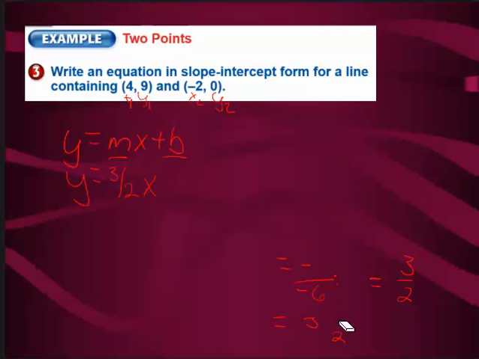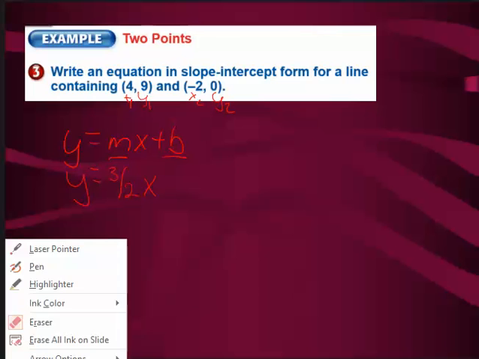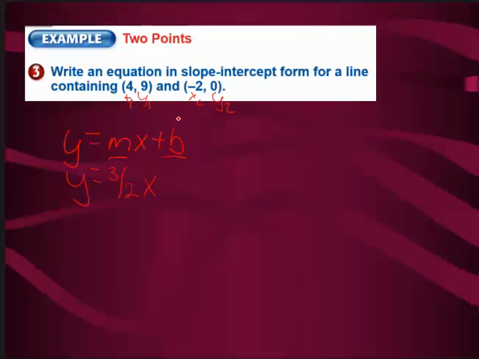I can use my equation and plug in either one of those points that I know are on the line to my equation here and solve for b. So again, let's start off over here. Pick either point.